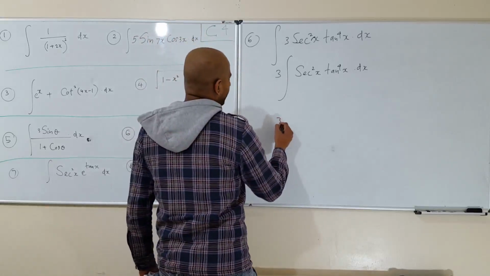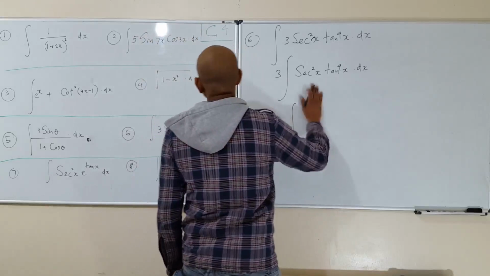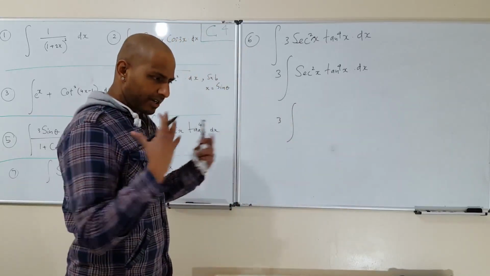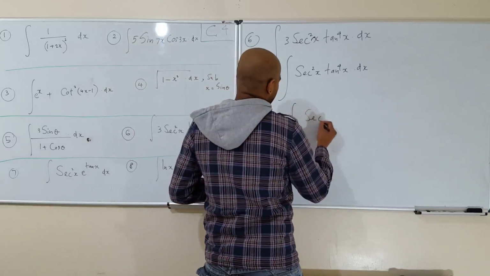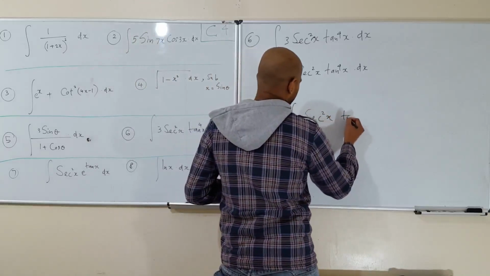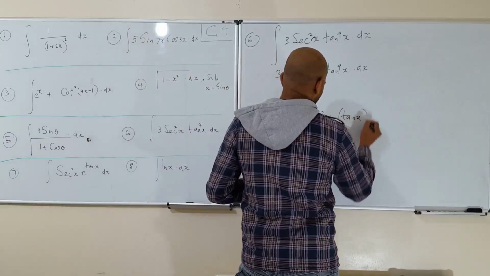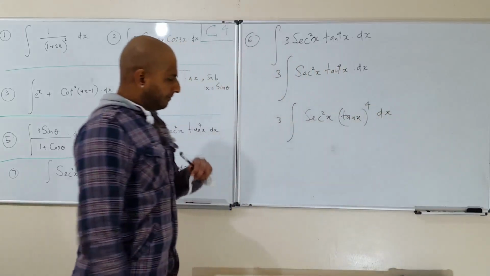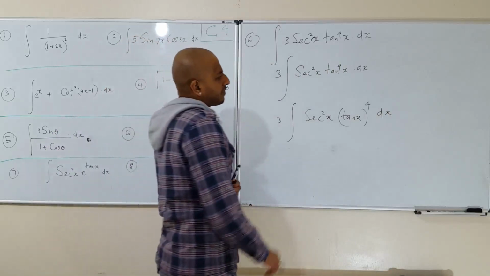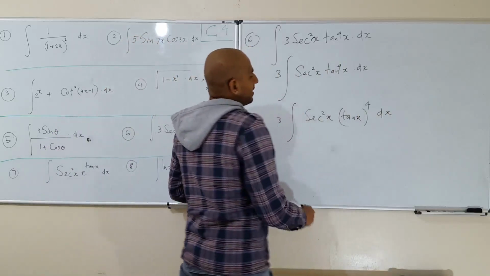We can see this is similar to the previous question in a different way actually. Sec squared x, I can write tan x to the power of 4. The same thing I have rewritten like this.